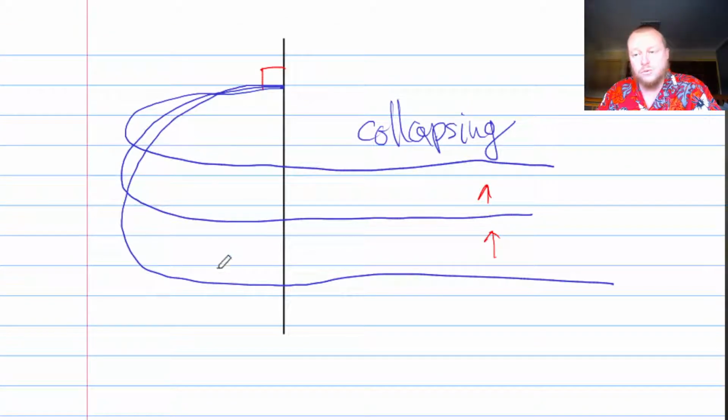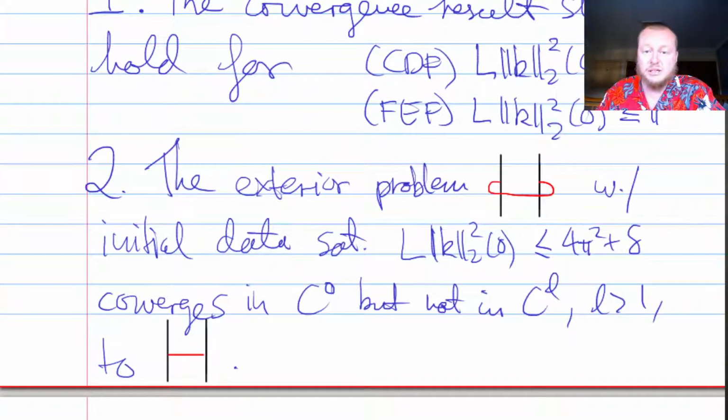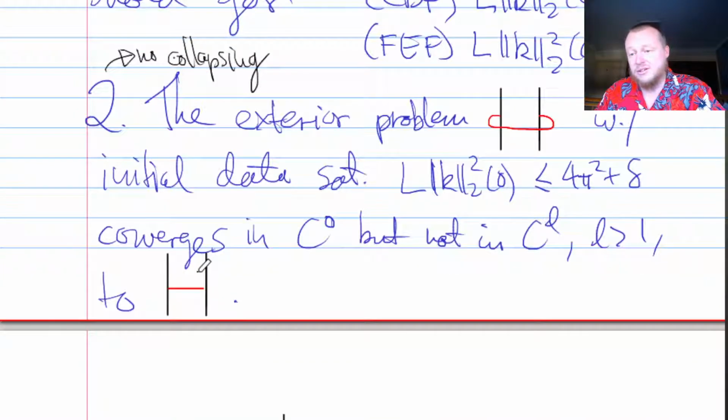Whereas if it's more regular and if the cap is shrinking at the same time, similar to the movement of the line going upwards, then it would not be collapsing. So this conjecture that I've made here is something like no collapsing, at least in this situation and in this sense.